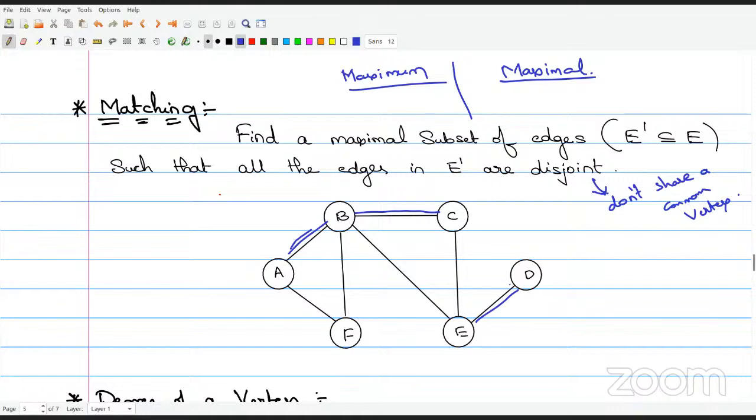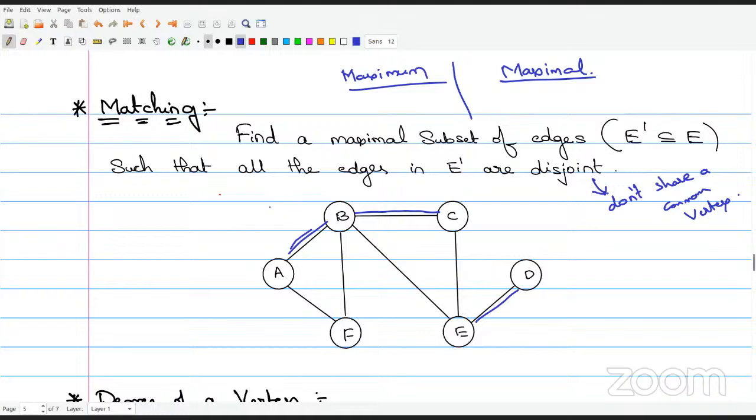So there is no common vertex, which means AB edge and ED edge are disjoint to each other. That is what disjointness means. I have to pick a few edges from the graph, and whatever edges I pick, all of them need to be disjoint to each other.